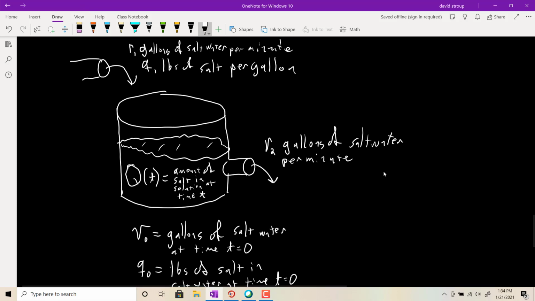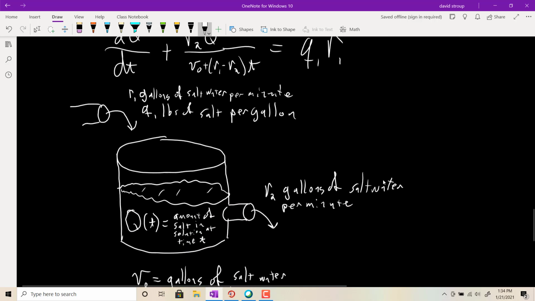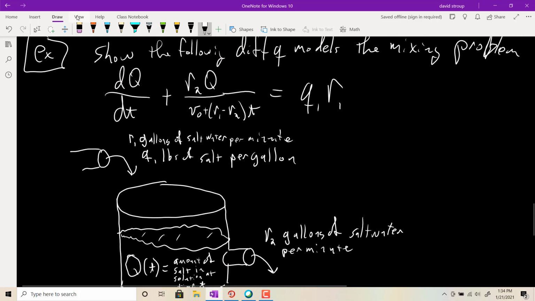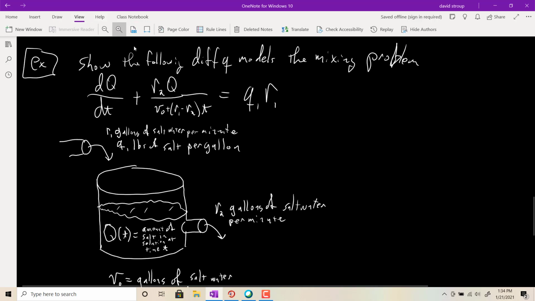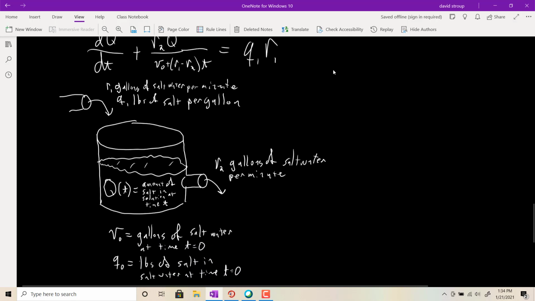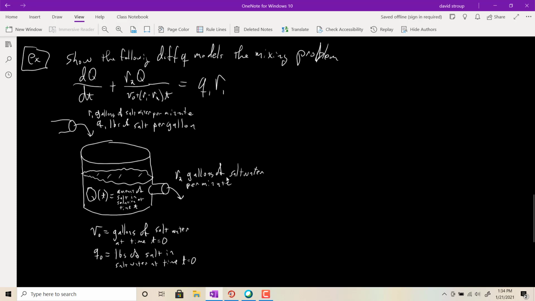Okay, so somehow we want to show that this differential equation back here is a model for the tank problem. And you could do this on steroids, so you could have 10 different tanks where there's stuff going in and out of them, and you want to know how much salt ends up in tank 5 and things like that.